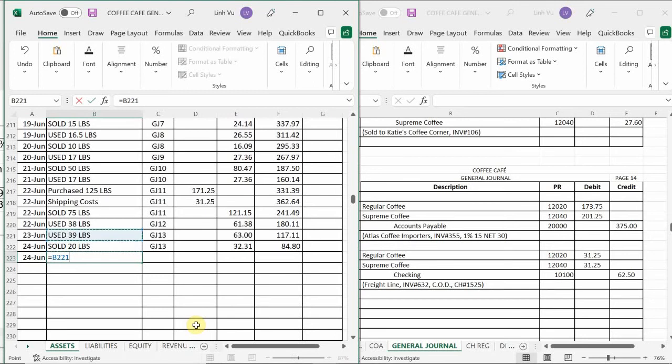We purchased 125 pounds. On page 14, for both of those, the debit for the purchase is $173.75. Shipping is $31.25.